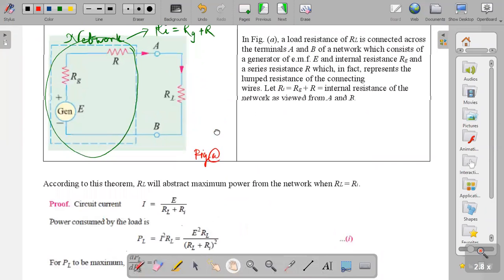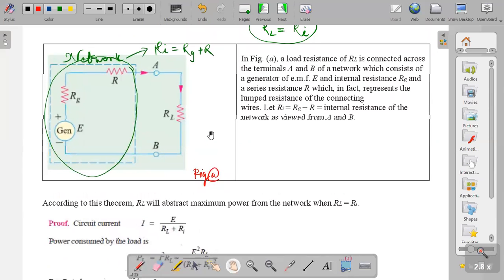And therefore, dear student, what is the current through the circuit? Current I will flow through this circuit. What is the formula? By Ohm's law, we know that V equals IR.